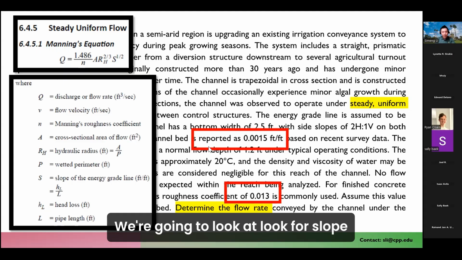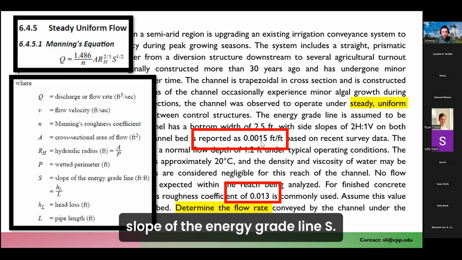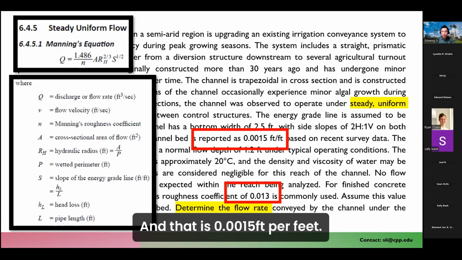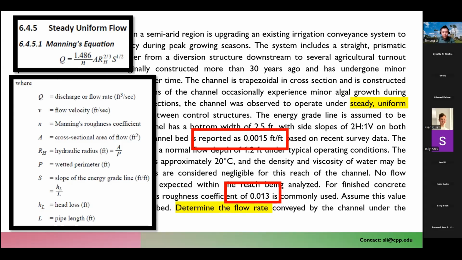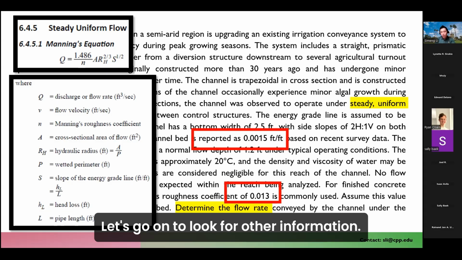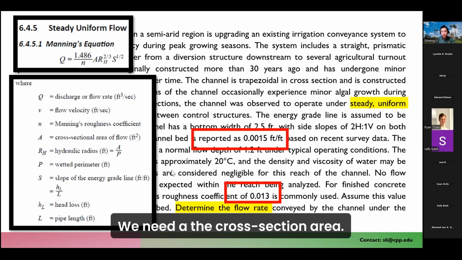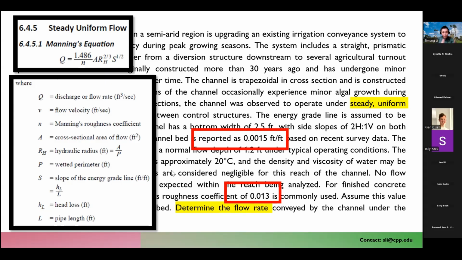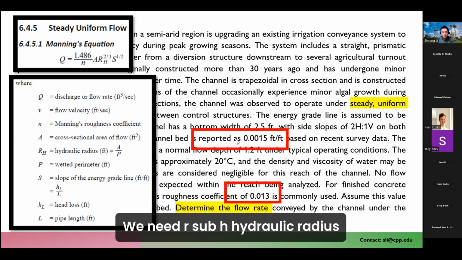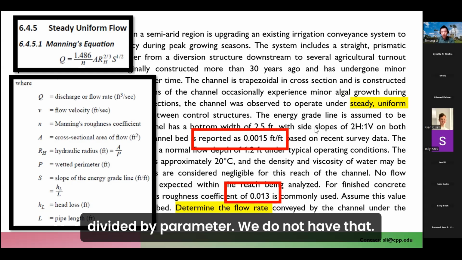Next, we're going to look for the slope of the energy grade line S, and that is 0.0015 feet per feet. So far the units are great. Let's go on to look for other information. We need A, the cross-section area. We don't have it. We need R sub H, hydraulic radius, defined as cross-section area divided by wetted perimeter. We do not have that.